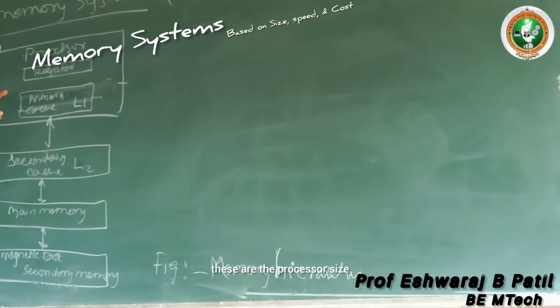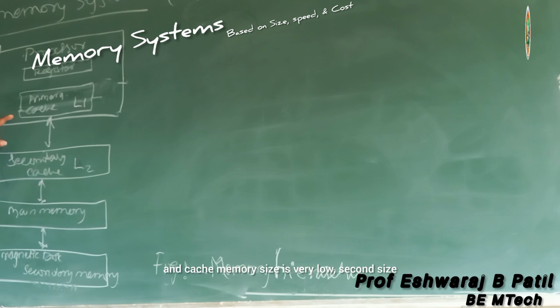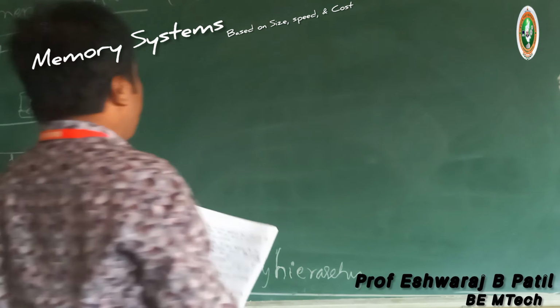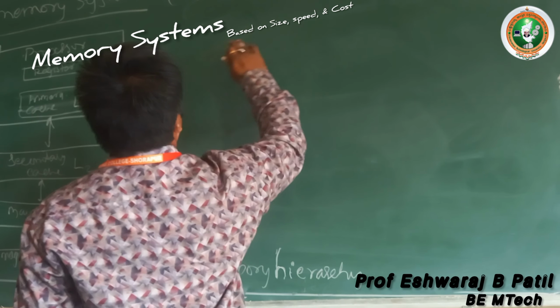Here the processor register size is very low, and cache memory size is very low. Compared to the main memory, the magnetic disk size is also more. So increasing size downwards.